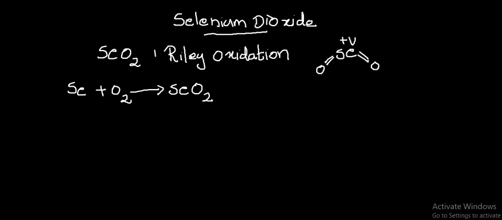What are the different types of oxidizing agents? Oxygen itself is an oxidizing agent, ozone, hydrogen peroxide, selenium dioxide, chromium oxidants, manganese oxidants, DDQ, peracids, osmium tetroxide, lead tetraacetate, NBS, etc. These are different types of oxidizing agents, of which today I will discuss selenium dioxide.